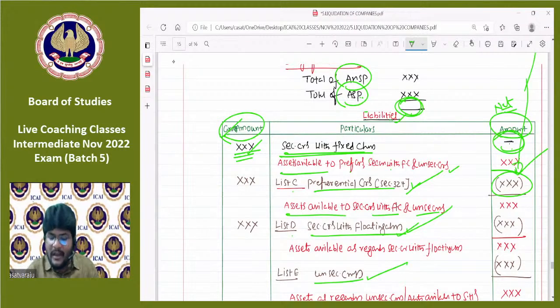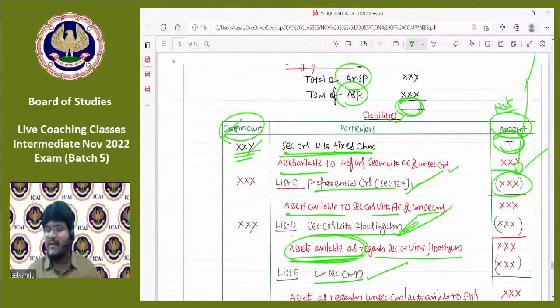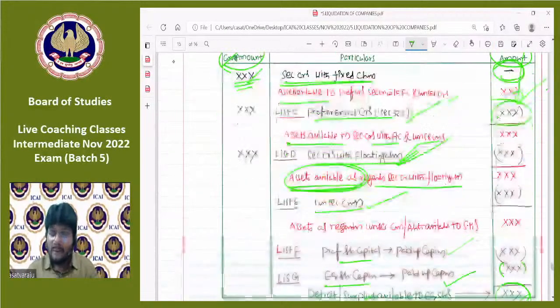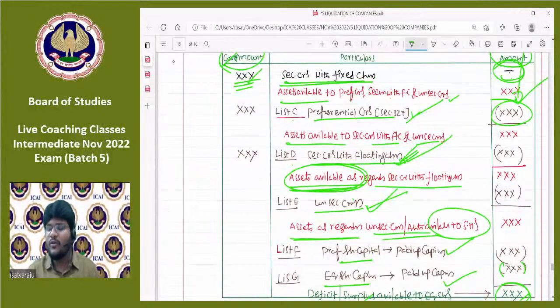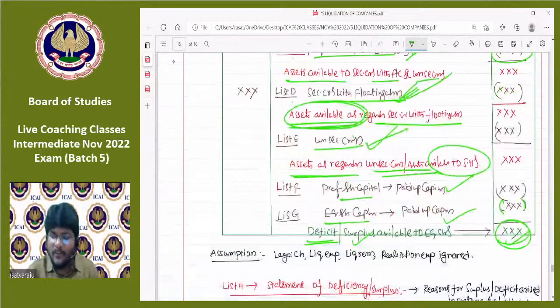Then you can check estimated assets available as regards secured creditors with floating charge. As regards means after making payment to secured creditors with floating charge, how much estimated assets are available. Then start making payment to unsecured creditors. Then you will know estimated assets as regards unsecured creditors, or nothing but assets available to shareholders, how much. Then make payment for preference share capital for list F to the extent of paid up value.